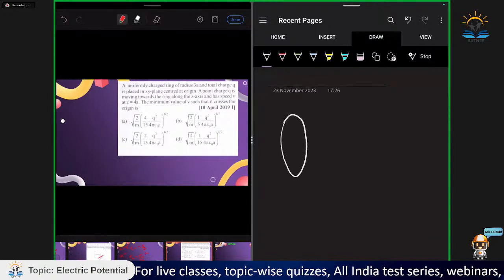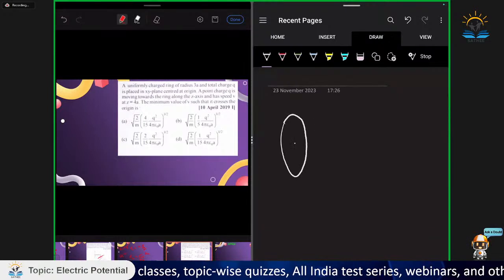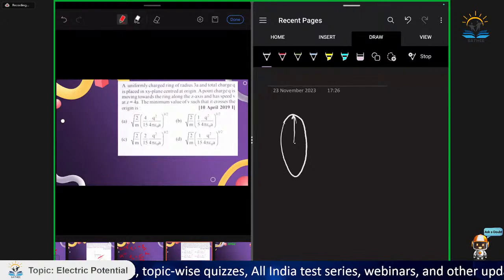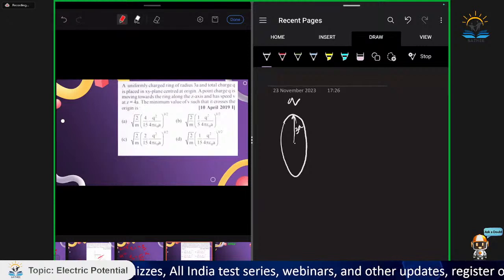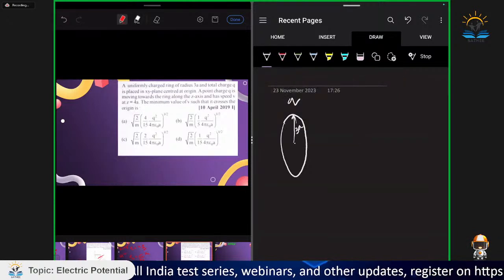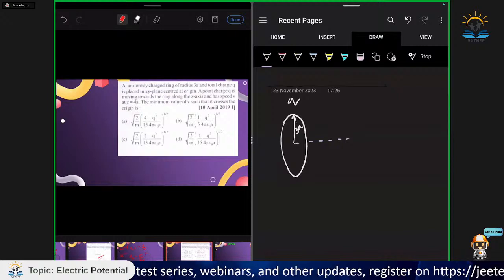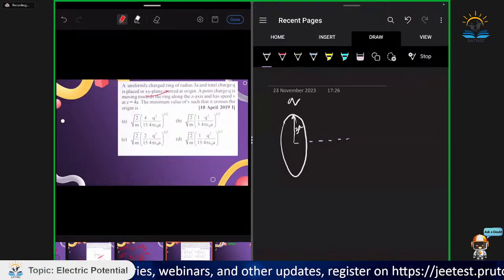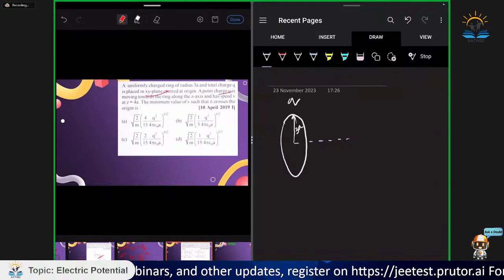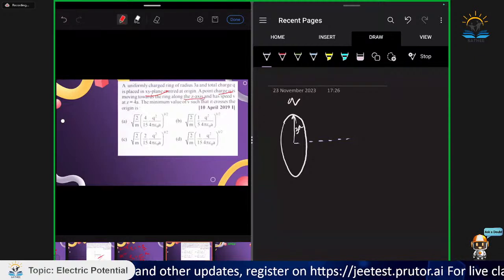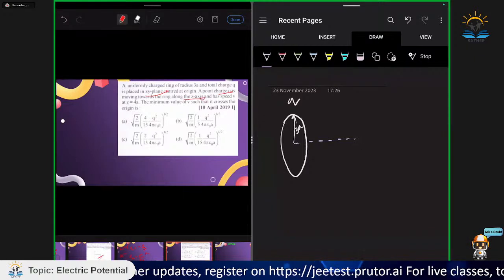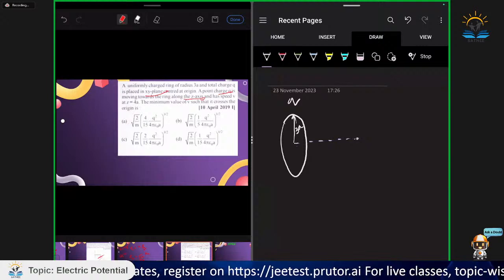See, first let's picturize. This is our charged ring. Radius is given as 3a. Charge is Q, and this is in the xy plane, and the point charge q is moving towards the ring along the z-axis, starting from 4a.